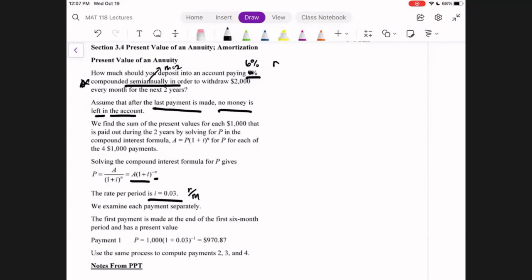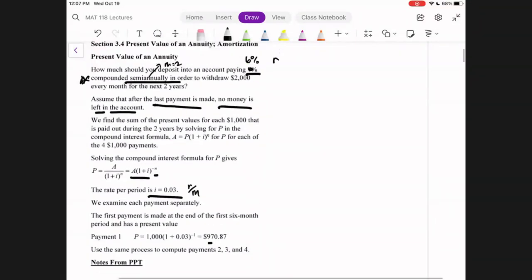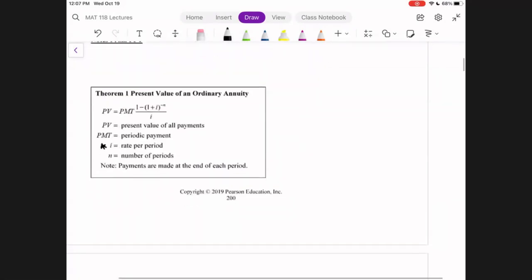How much should I deposit into the account now? Right? So you're looking for how much money should I put into the account now? So, obviously we're not going to put $900 in. This problem is confusing a little bit because it's kind of jumbling some stuff together. So let's just look at the first example and see what happens.